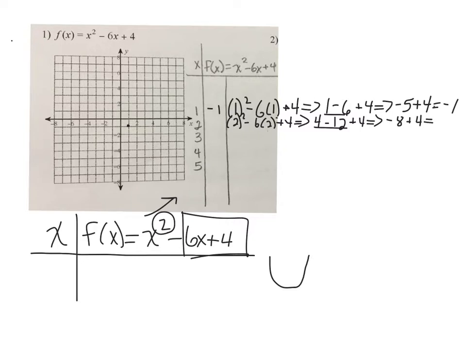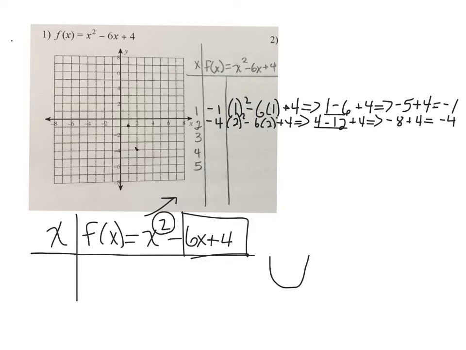And then negative 8 plus 4 is negative 4. So when x is 2, the y value to go with it is negative 4. So I'm going to go over 2 and then down 1, 2, 3, 4. So there's my second ordered pair.